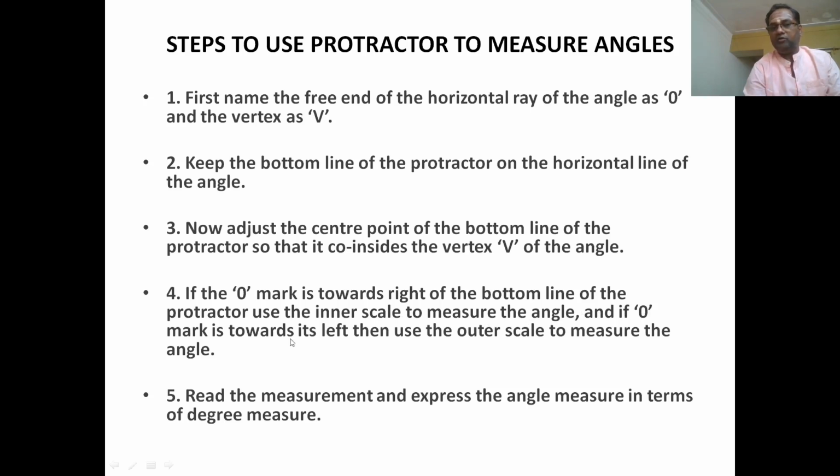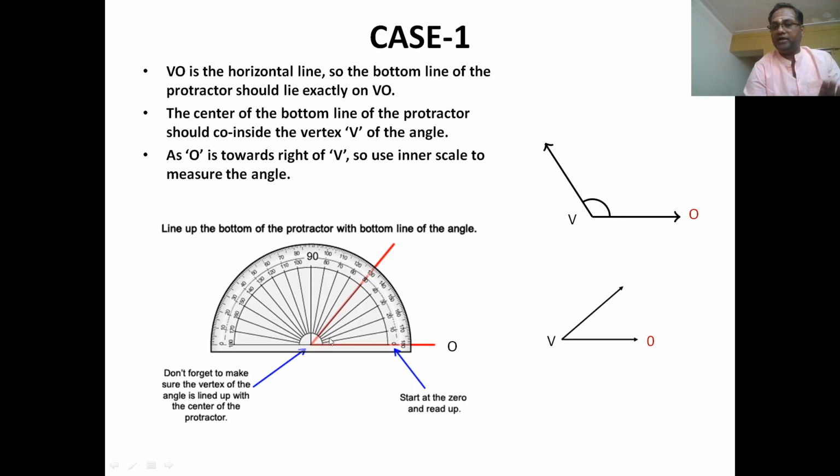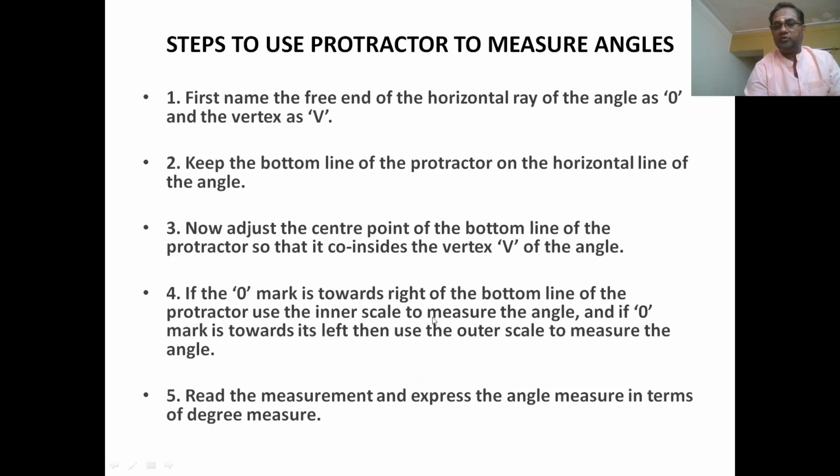And if the 0 mark is towards the left of V, left of the vertex, then we are going to use the outer scale to measure the angle.